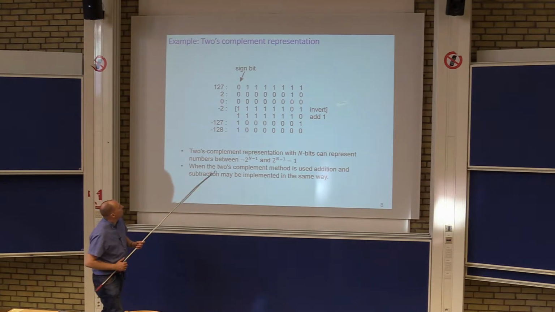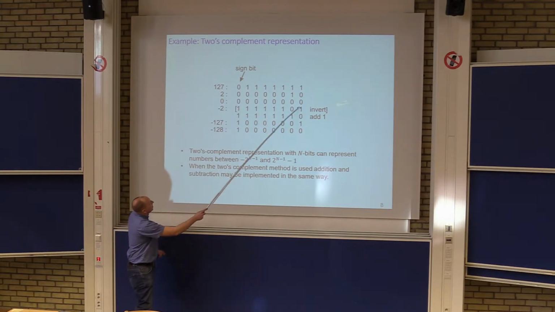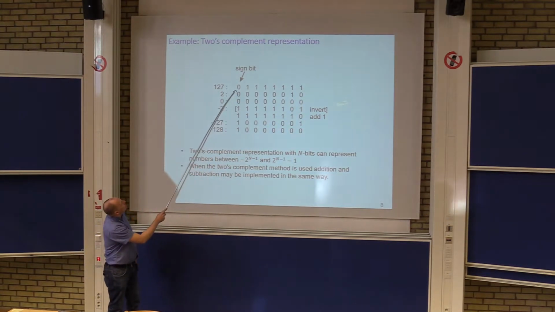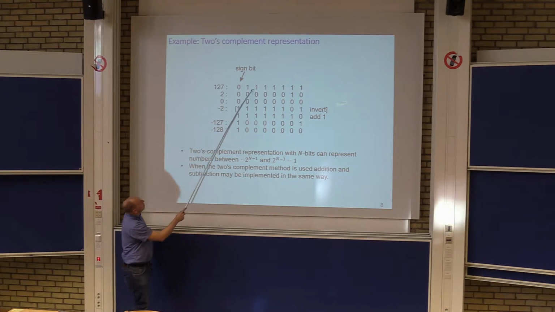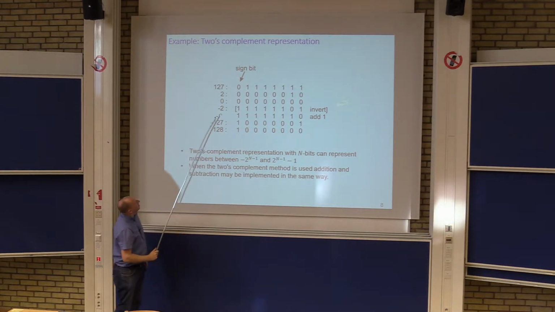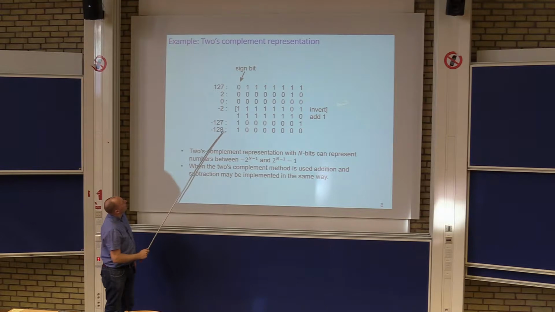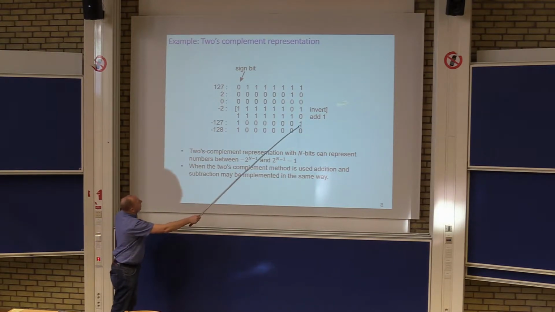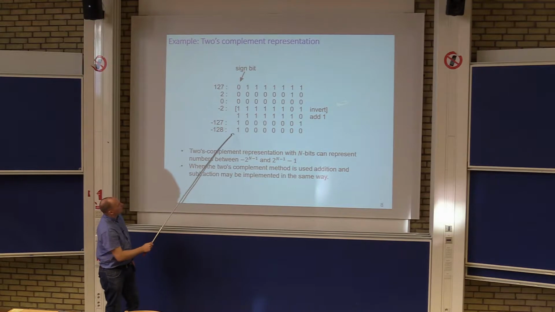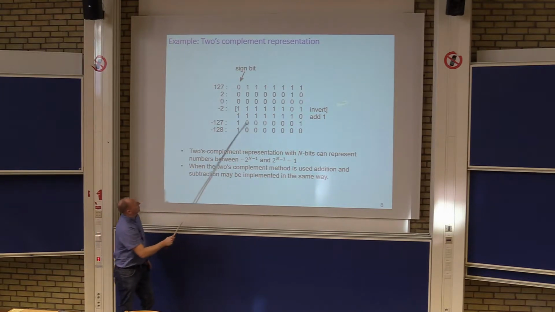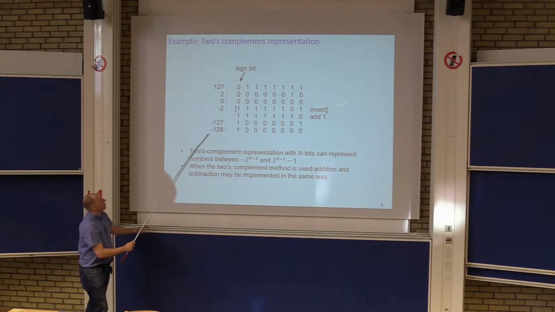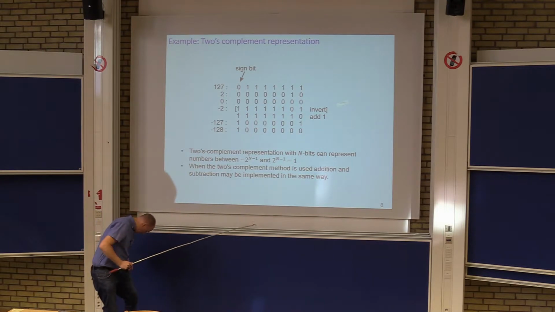So we'll do an example of that. 0 is of course represented in this way. The largest possible positive number is all ones here, so 127, and minus 127 you will get by inverting all the bits and adding 1, so you will get that one. And minus 128 you get by this.